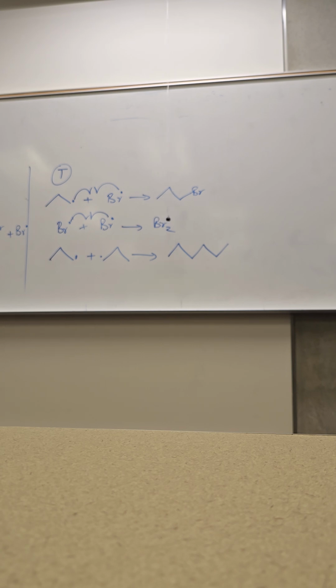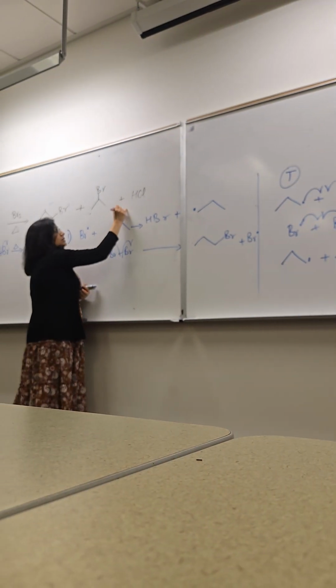What if we needed to write a mechanism, and the question will be specific. The question will say, write a mechanism for this product, or write a mechanism for that product. Okay, what if the question were like, write a mechanism for the major product? Will this change? No. What will change? The secondary hydrogen gets replaced. This is not the hydrogen that is going to be taken to make the major product.